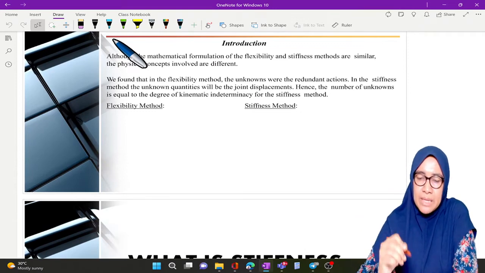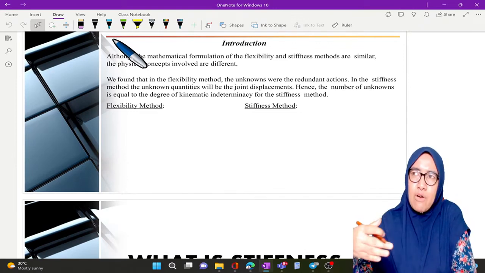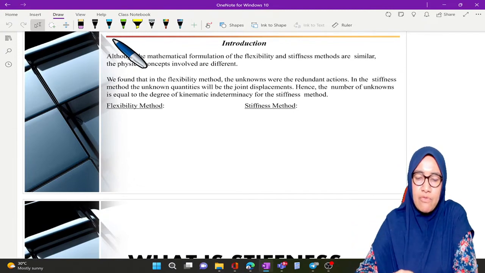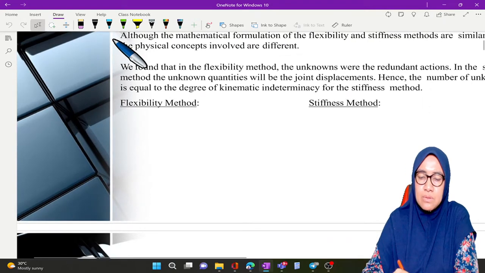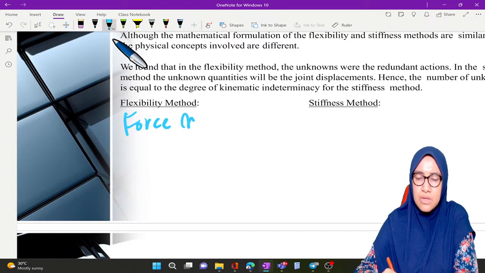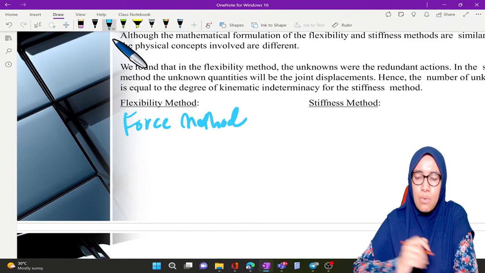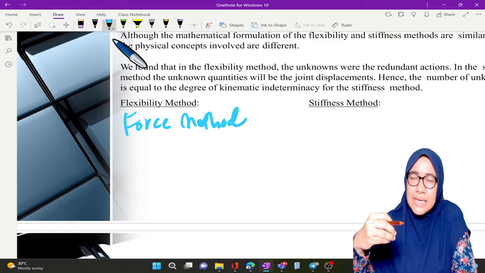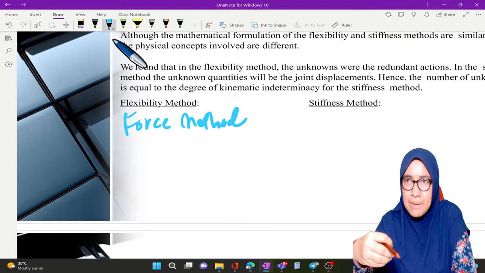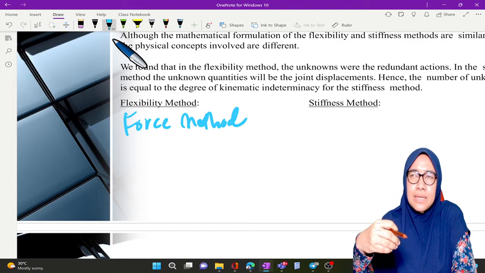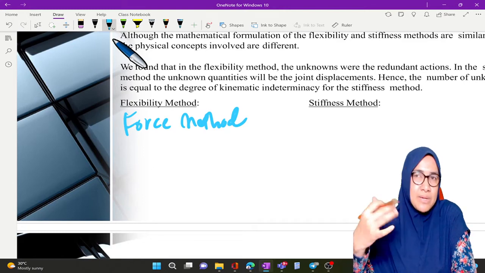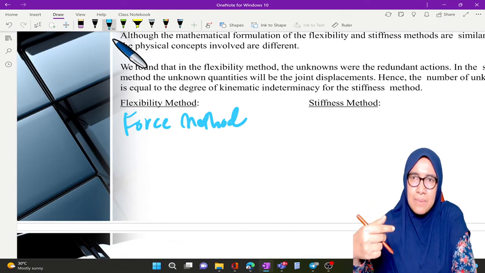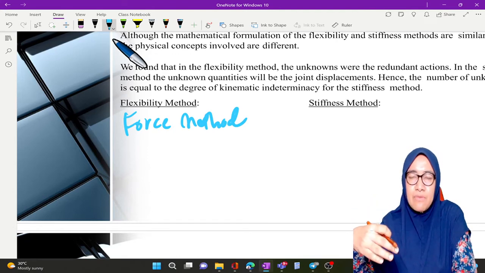That is why another name of the flexibility method is the force method. Why? Because the redundant is force. The redundant is the reaction at the support in a beam or frame, and member forces, internal forces, can also be redundant.